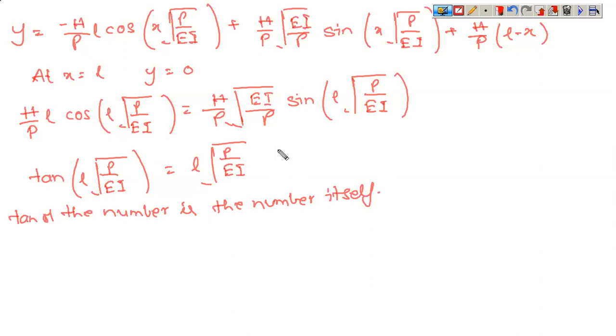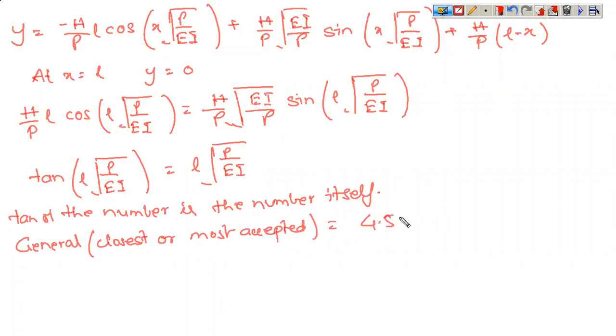You need to remember that tan of the number is the number itself. So the closest or most accepted solution is 4.5 radians. This means that L under root P by EI is equal to 4.5.